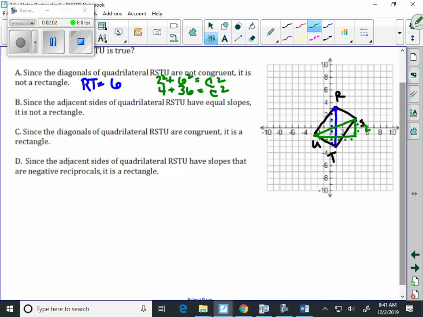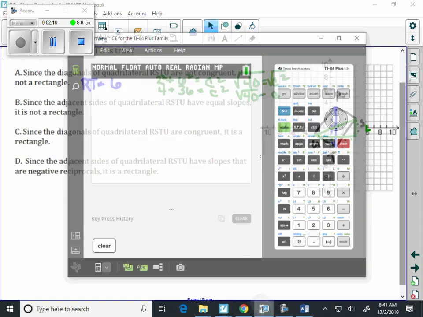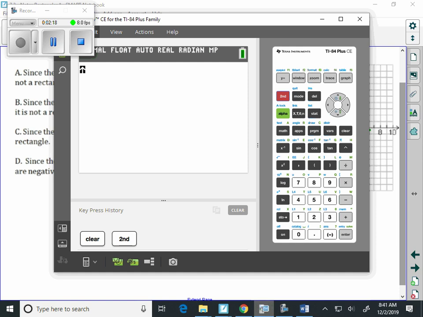And 4 plus 36 is 40 equals c squared. And if we take the square root of both sides, we get c equals the square root of 40. Well, the square root of 40, just in case we need it, is 6.3.